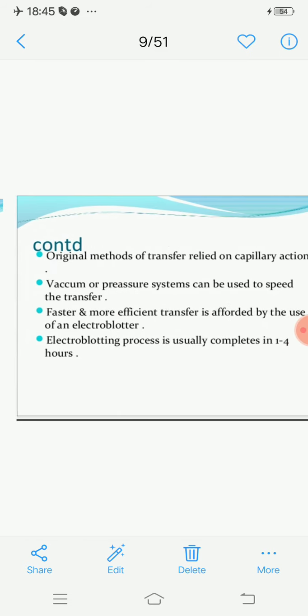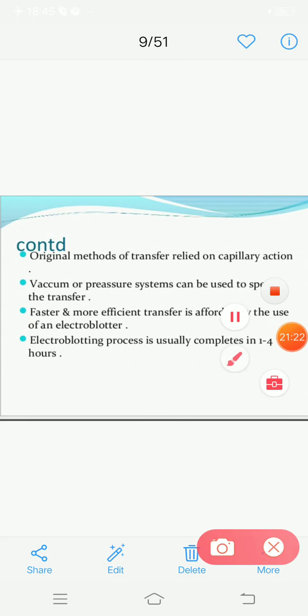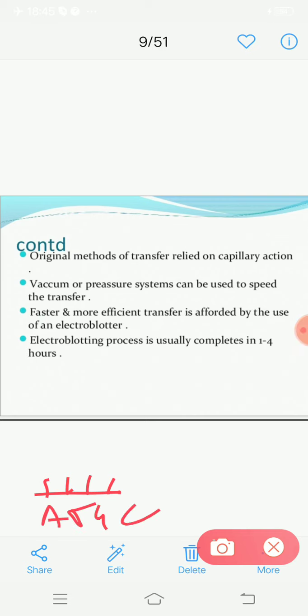pairing. Complementary base pairing means what? This is your gene of interest which has a particular DNA sequence, suppose ATGC. And your probe, suppose this is biotin, its complementary probe is streptavidin.